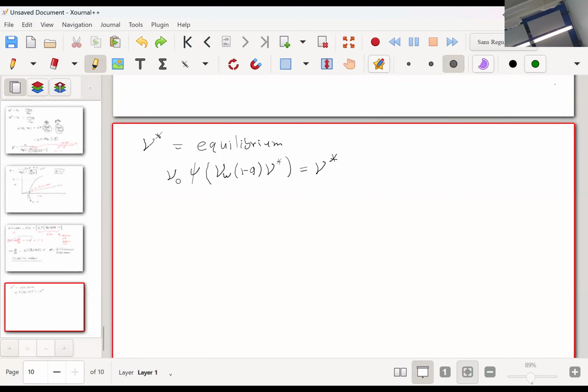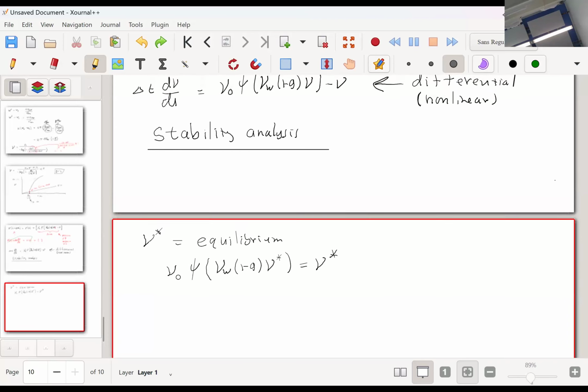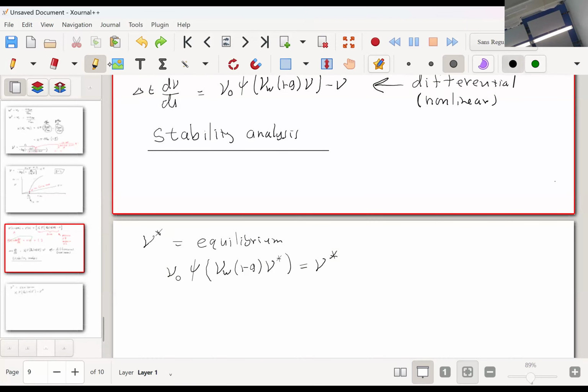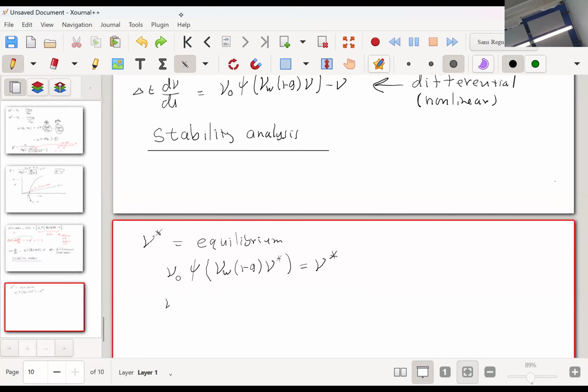The way we're going to do that is, we can't solve this differential equation in detail, but we can solve it if we let nu equals nu star plus delta nu, and write down an equation for delta nu.